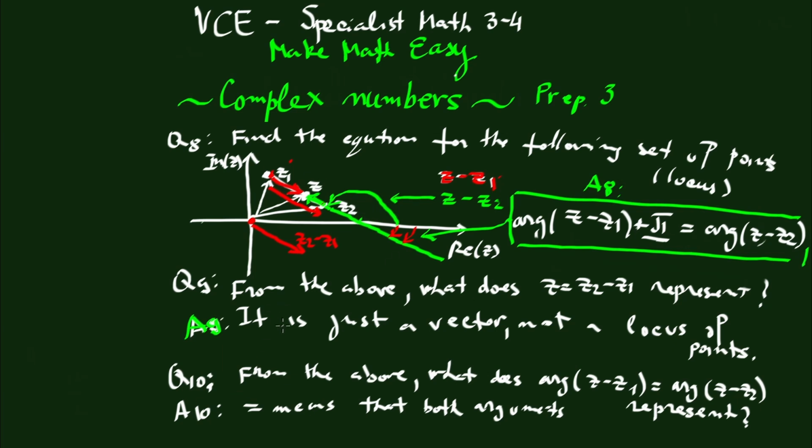So that means that this arrow and the green arrow point in the same direction.